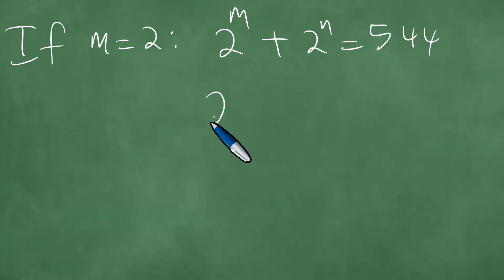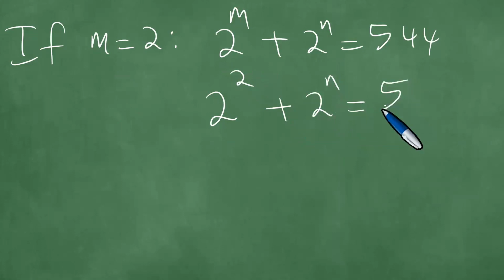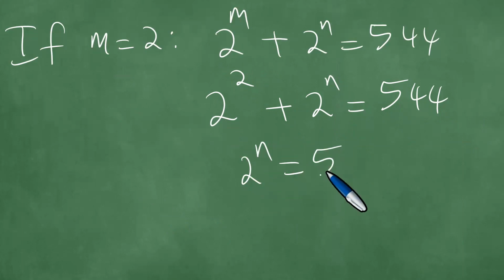We're just assuming m is 2, so we put 2 to the power 2 plus 2 to the power n equals 544, and we want to solve this for n. 2 to the power 2 is 4, so 2 to the power n is 540.